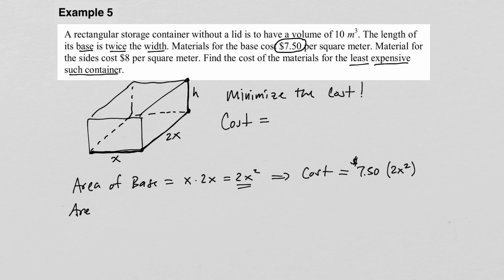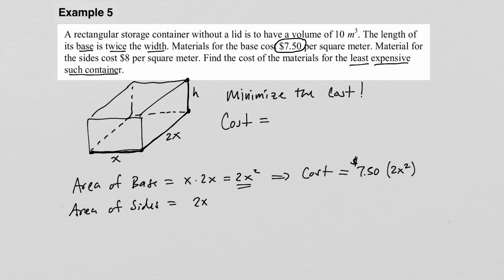Now, what is the area of the sides? Well, this is a little bit trickier because we have 4 sides. We have one side here. We have an equal side across from it over here. And then we have a side here and also a side here. So let's start with this side. The area of this side is 2x times h, but then there are 2 of them, so we have to multiply that by 2.